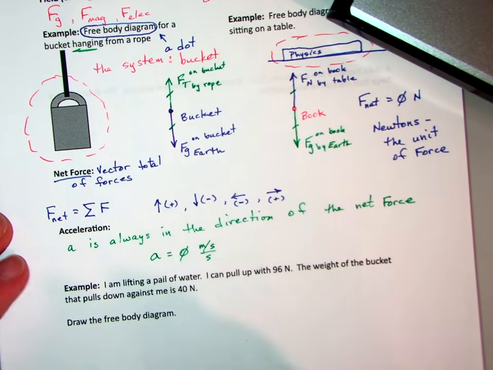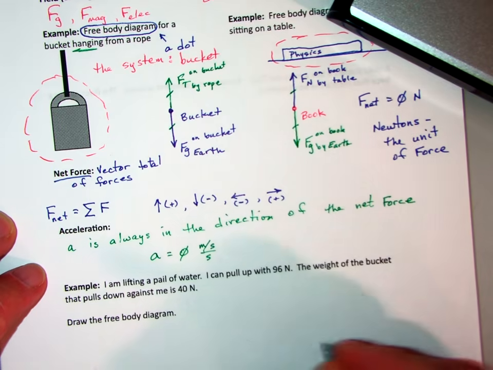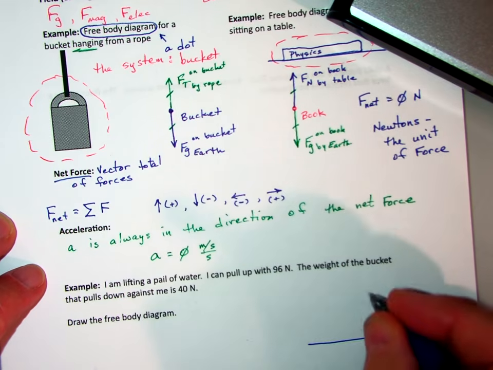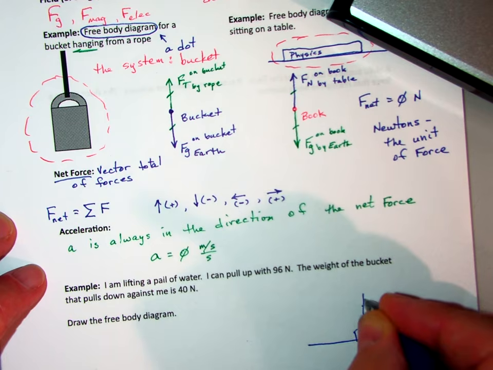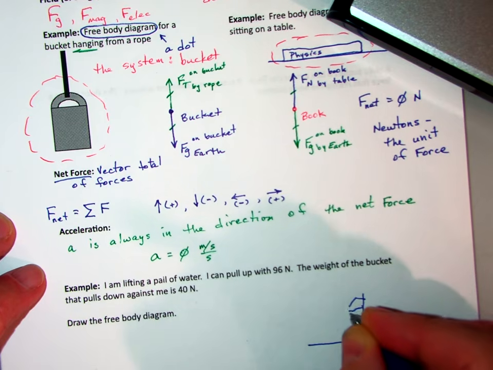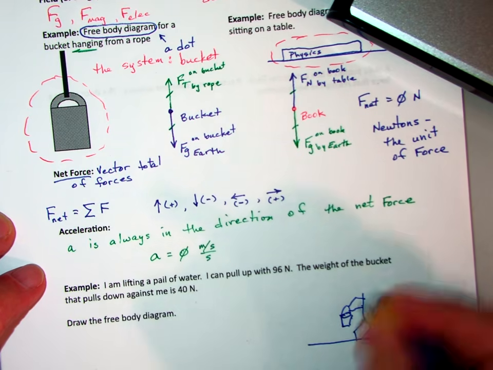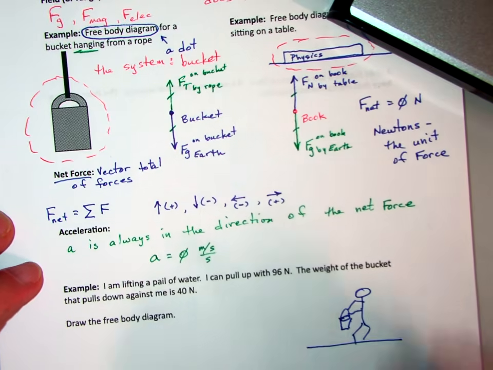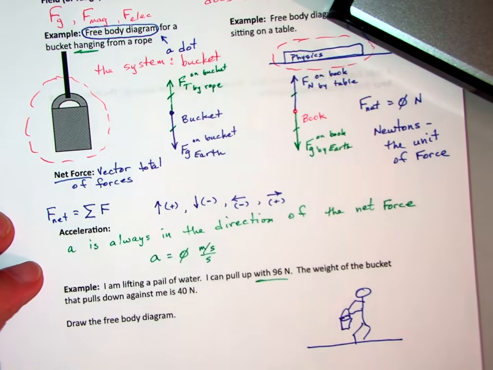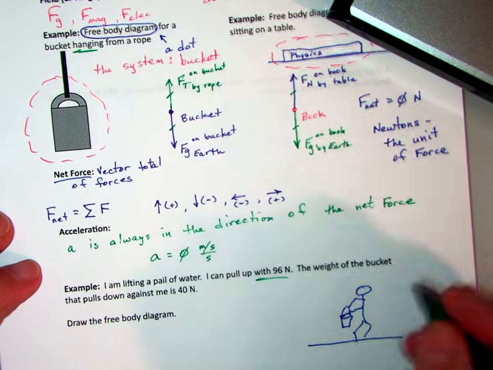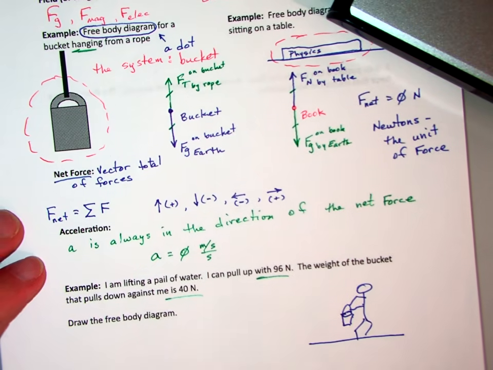Let's look at a different example here, where I've got a pail of water. I pull up the pail with 96 newtons of force, and the weight of the bucket that pulls down against me is 40 newtons.